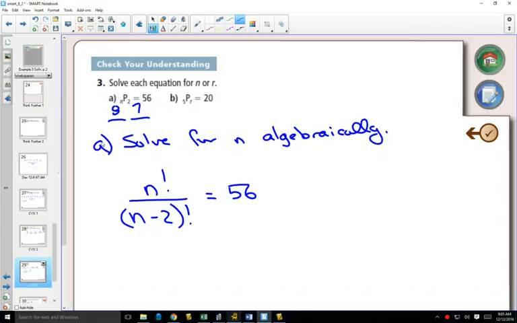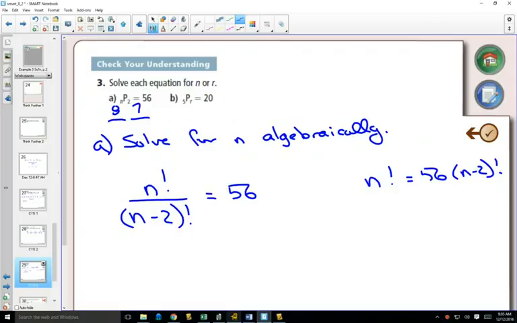Also notice that we cancel out factorials when they're written in a fraction, because I've seen this same question start off looking like this, with the factorials on different sides of the equation. And then you would have to divide both sides by n minus 2 factorial to get it looking like this.